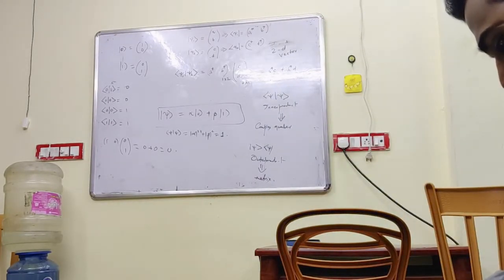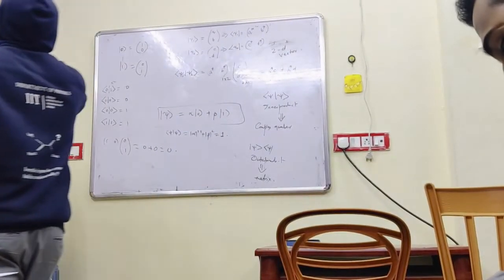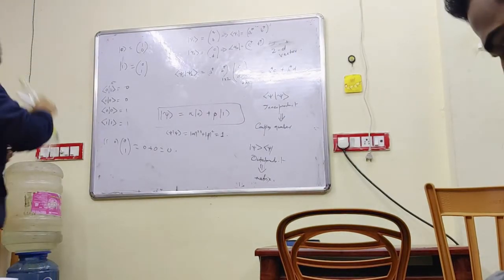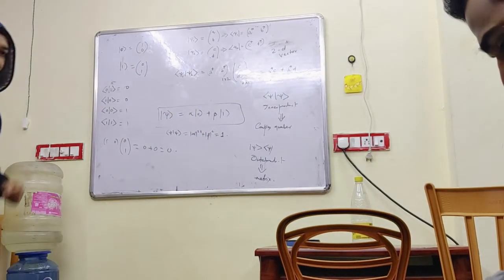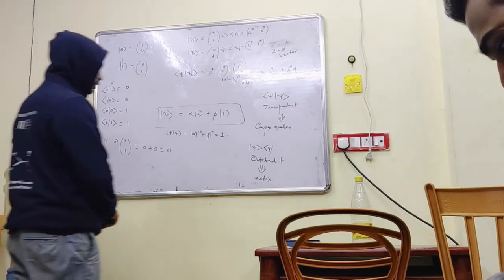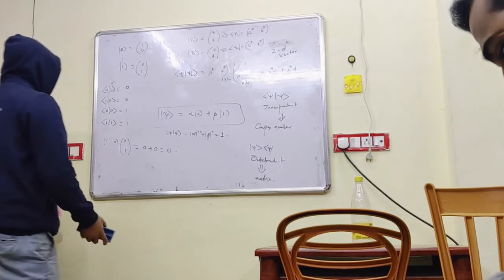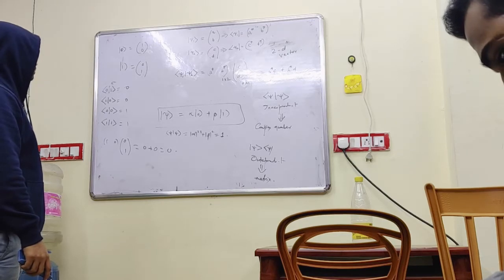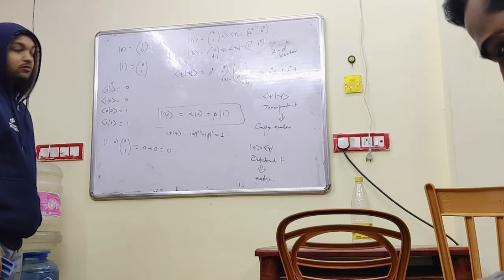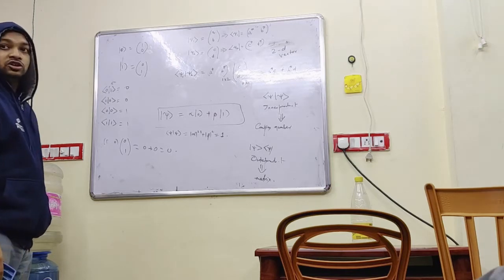All the 4 could be proved, right? So you got the idea of how to compute an inner product.